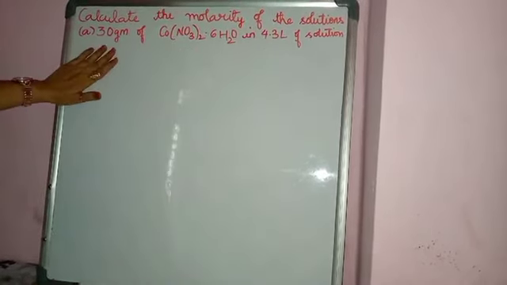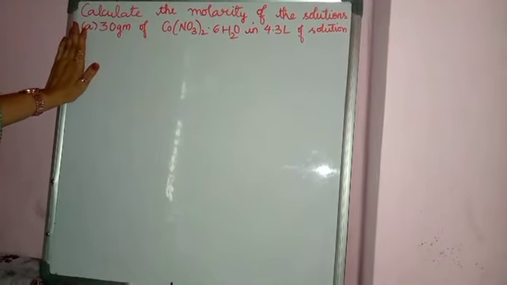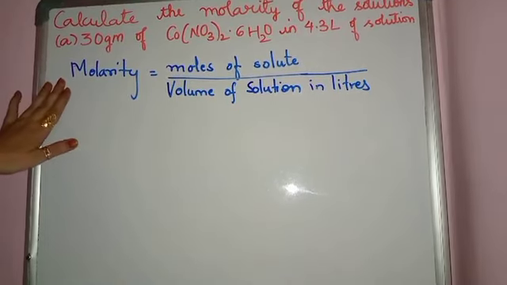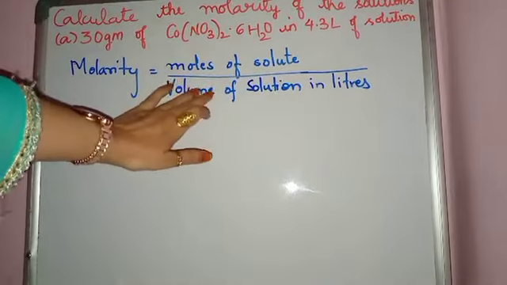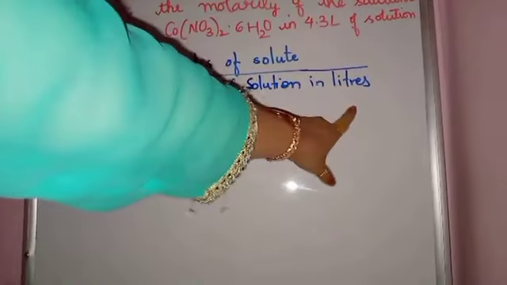First of all, we will write down the formula of molarity. This you have to learn by heart. Molarity is moles of the solute divided by volume of the solution in liters.